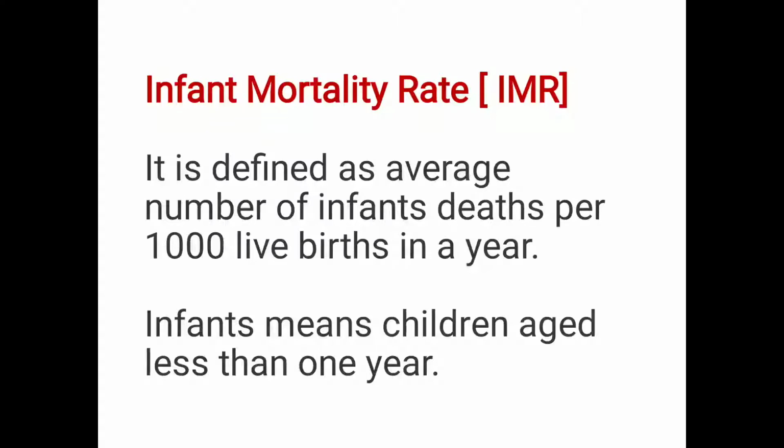Now let us see the definition of IMR, or infant mortality rate. Infant mortality rate is defined as the average number of infant deaths per 1000 live births in a year.